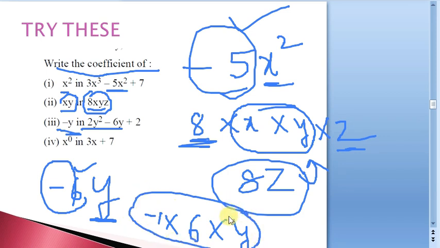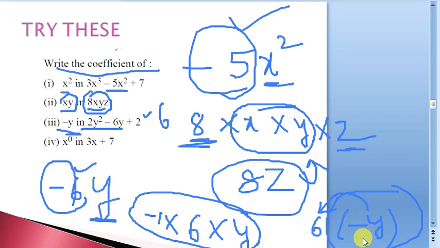Whether you multiply a into b or b into a, both will be same. So I will multiply this 1 here, and I will be getting 6 into minus 5. Now for this minus 5, what is the coefficient involved? Only 6. So the answer is going to be 6, not minus 6. Remember, am I asking you the coefficient of y or the coefficient of minus 5? That needs to be taken care of.